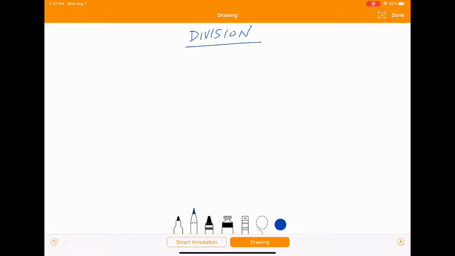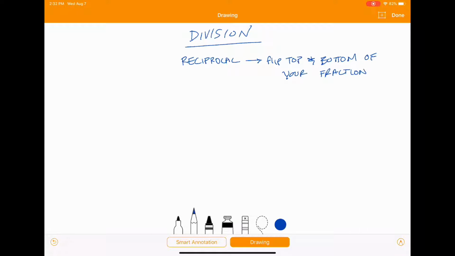Now, division is a little bit different than multiplication in that you're going to use something called a reciprocal, which is when you flip the top and bottom of your fraction.